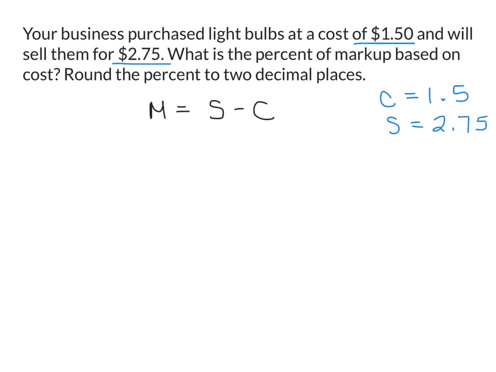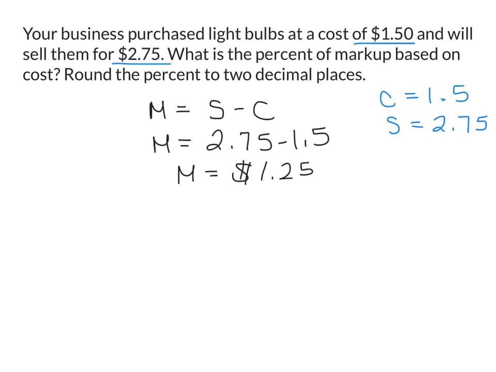We'll plug those values into the formula to find the amount that the product was marked up. So 2.75 minus 1.50 gives us a markup value of $1.25.